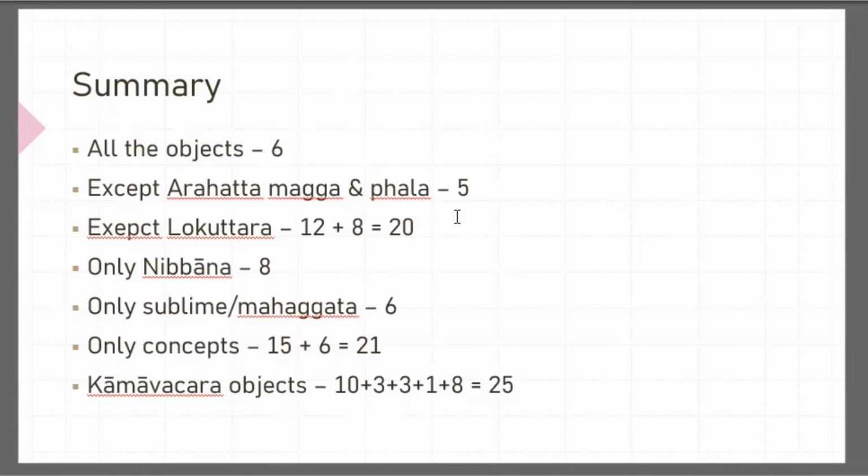Then group number 2, there are Cittas that can take the objects except Arahatta Magga and Phala. What are they? 4 Jnana Sampayutta Mahakusala and Abhiññā Kusala Citta. Those 5 Cittas can take all the objects except Arahatta Magga and Phala, and except Lokuttara.